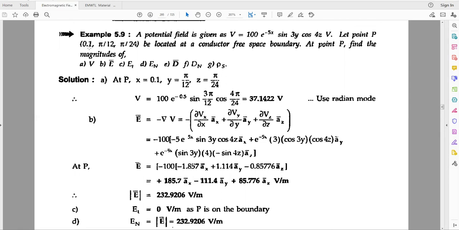Let the point P, 1, pi by 12, pi by 24, be located at a conductor free space boundary. At point P, find the magnitudes of voltage, electric field E bar, and the E suffix T and En.